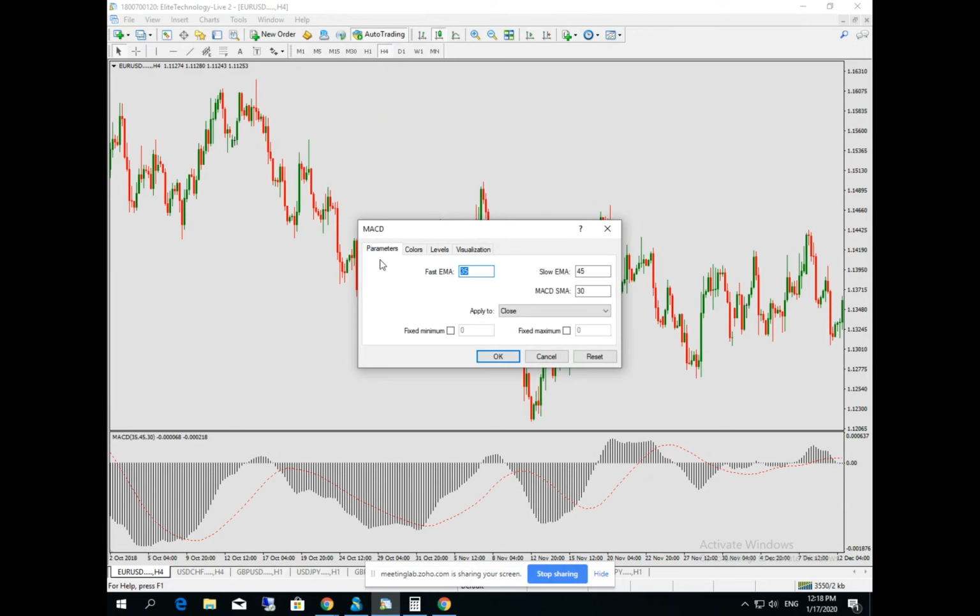Under the Parameters tab at the top, you set the fast EMA to 35, the slow EMA to 45, and the MACD SMA to 30. That's the exact parameter that you need to set in the MACD indicator.